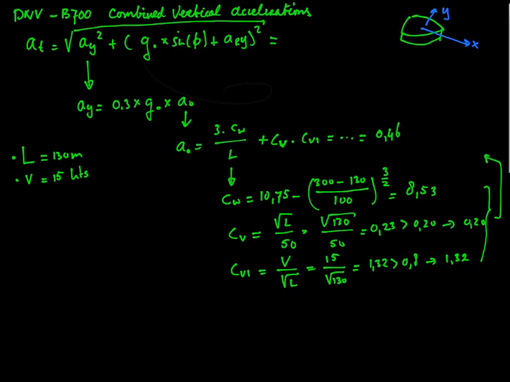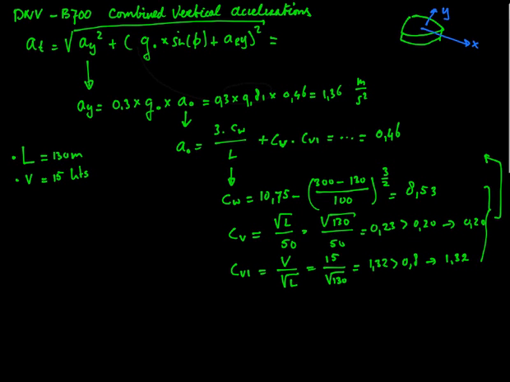Well, the A0 is input for the acceleration in y direction, and so we have 0.3 times 9.81 times the A0 we just calculated, 0.46, and then we get an AY of 1.36 meters per second squared. Okay, that's the first step.